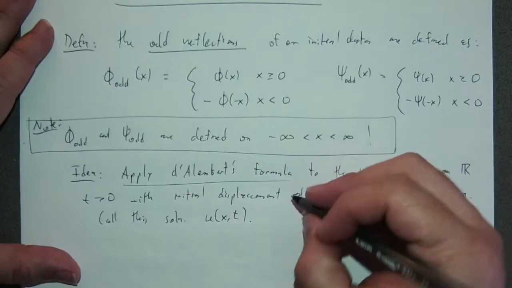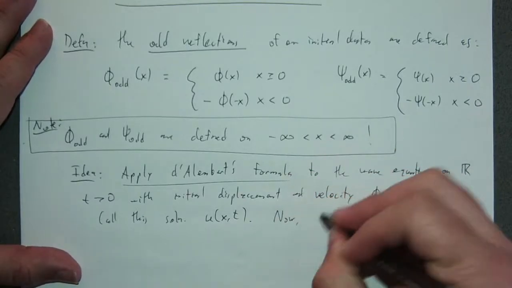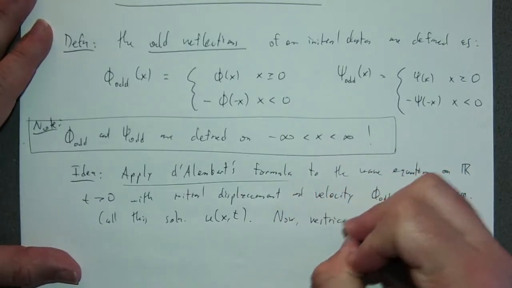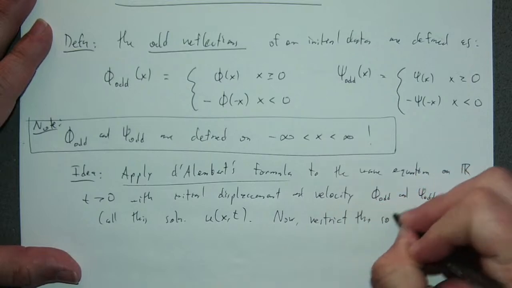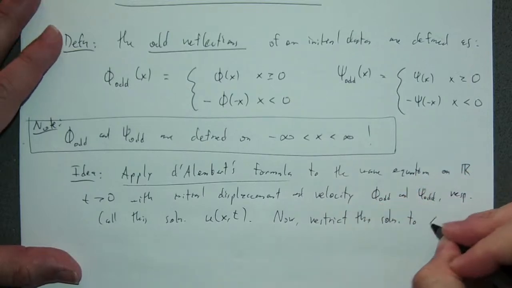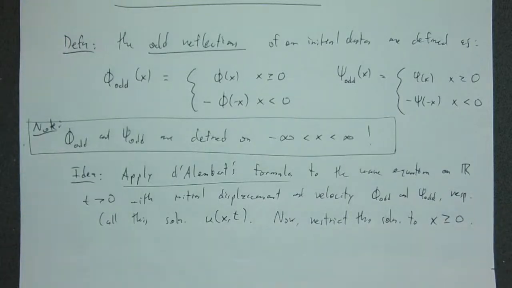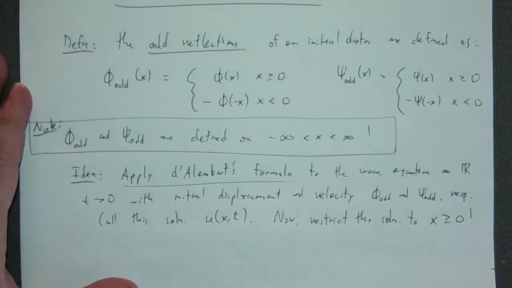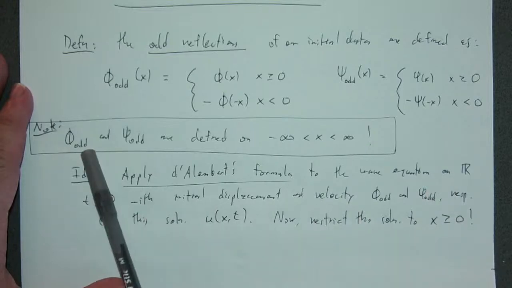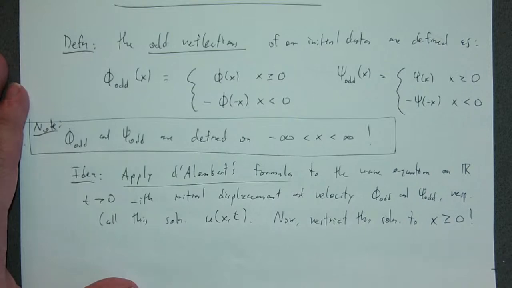Now, restrict this solution to the smaller domain, right, x greater than or equal to 0. So the idea is to apply D'Alembert's formula to the wave equation on all of R that has initial displacement and velocity these odd extensions of this initial data that we defined, right?